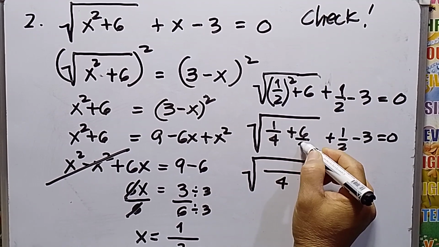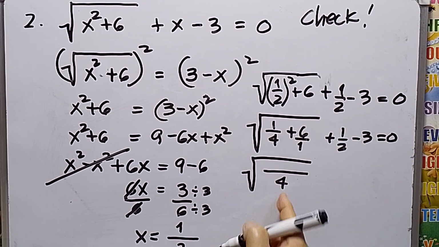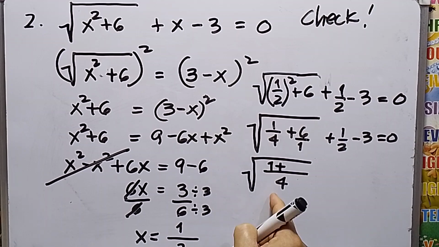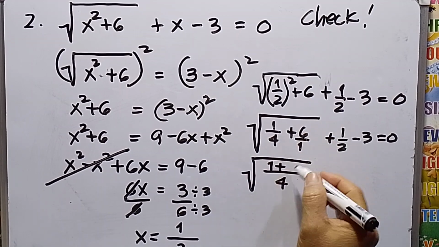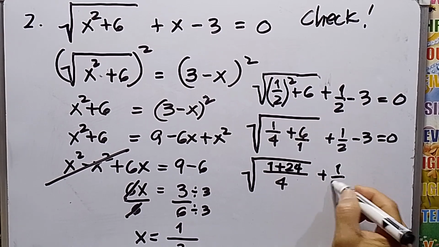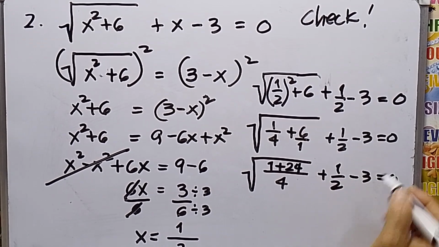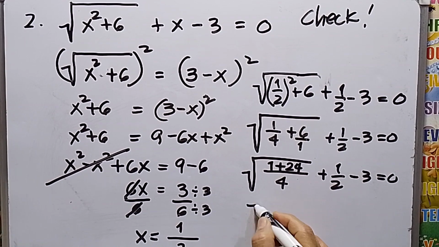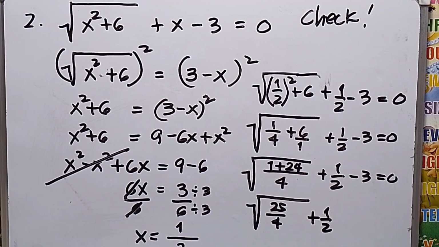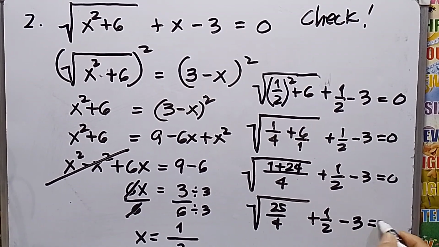Take note, this is 1. So 4 divided by 4 is 1, times 1 is 1, plus 4 divided by 1 is 4, times 6, that will be 24, plus 1 over 2 minus 3 is equals to 0. So this will be square root of 25 over 4, plus 1 over 2 minus 3 is equal to 0.